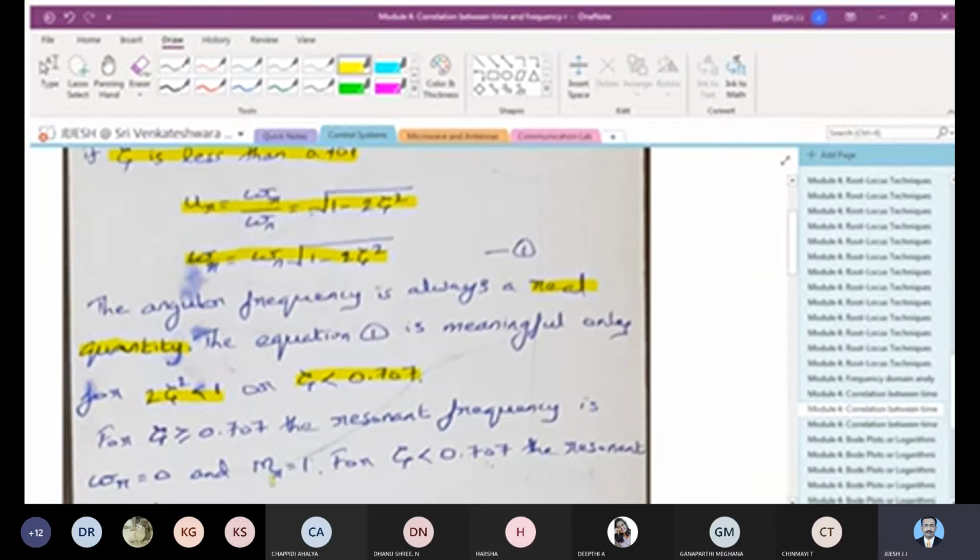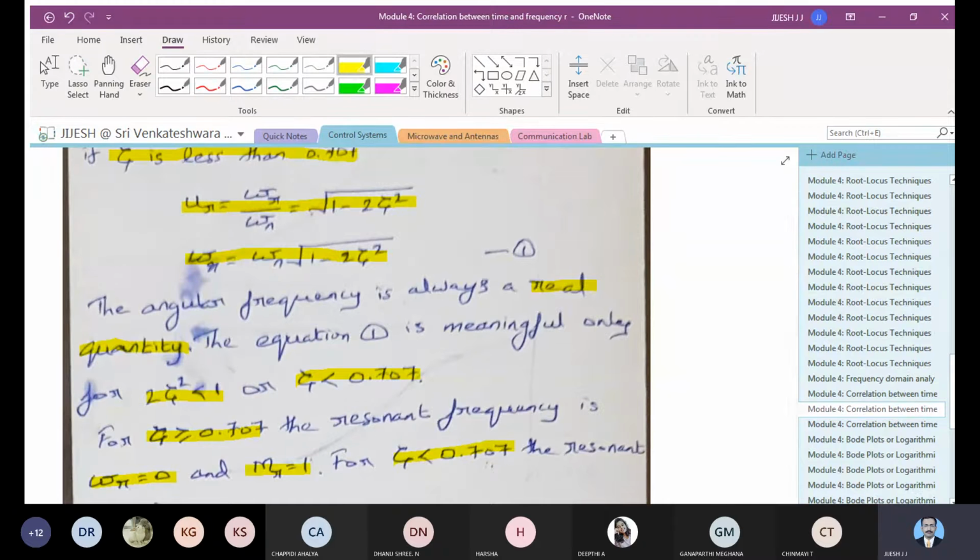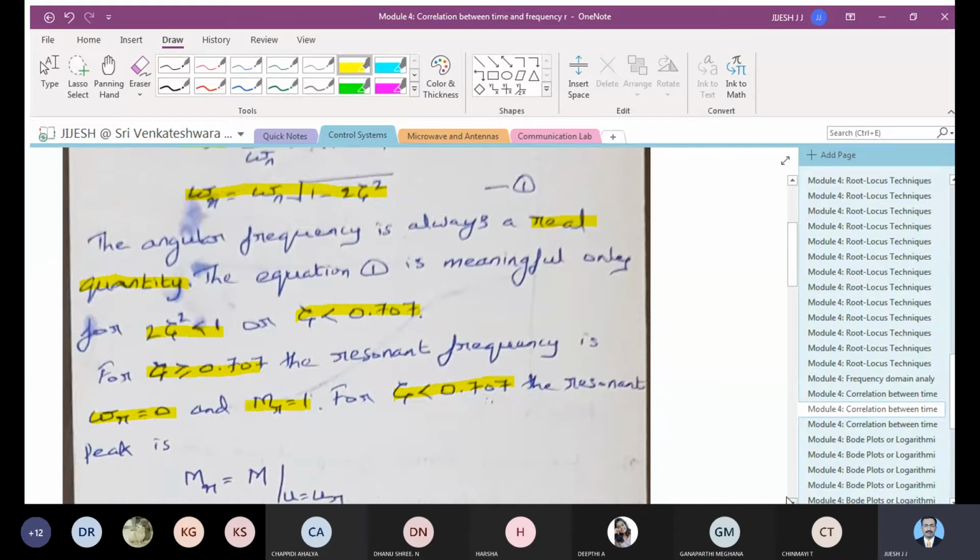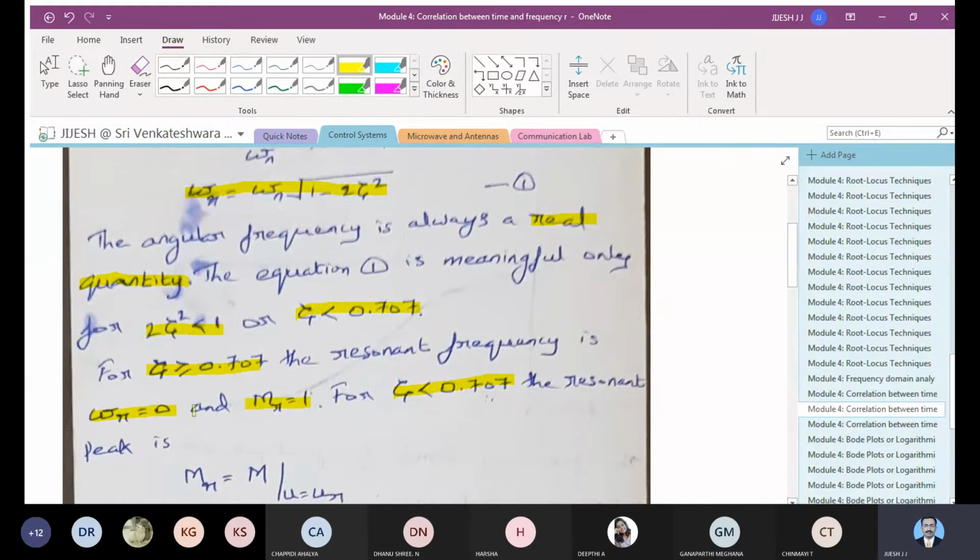So let us take zeta greater than 0.707: the resonant frequency omega r is equal to 0, and mr is equal to 1. For zeta less than 0.707, we can find out the resonant peak. So we are taking zeta greater than or equal to 0.707, and the resonant frequency omega r is equal to 0.